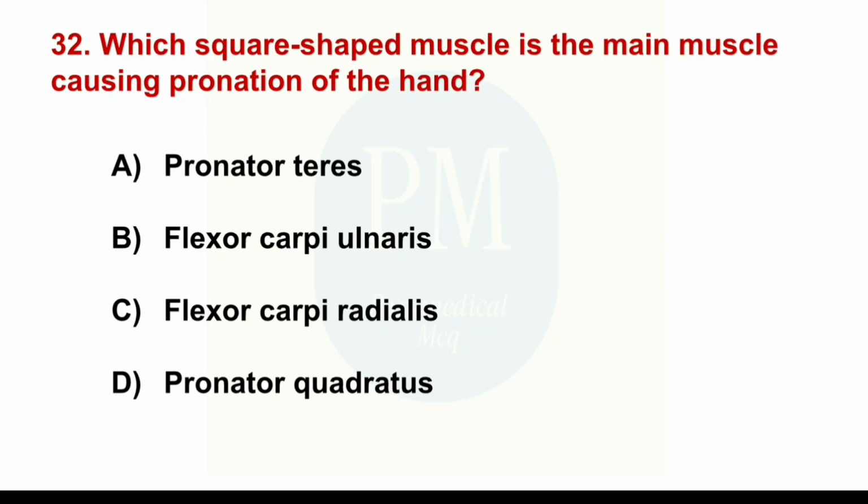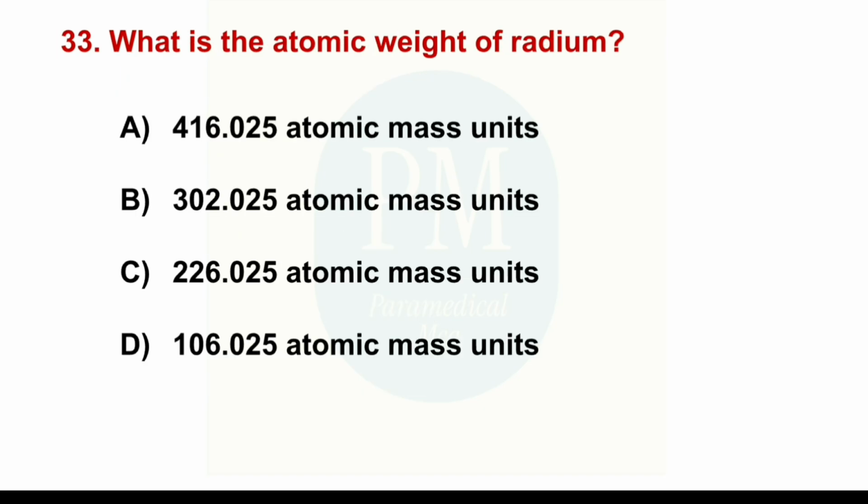Which muscle is the main muscle causing pronation of the hand? Option A, pronator teres, option B, flexor carpi ulnaris, option C, flexor carpi radialis, option D, pronator quadratus. The correct option is option D, pronator quadratus. What is the atomic weight of radium?